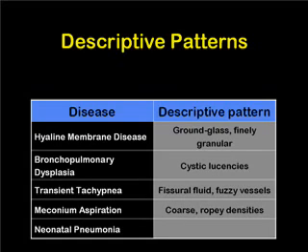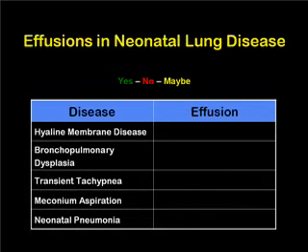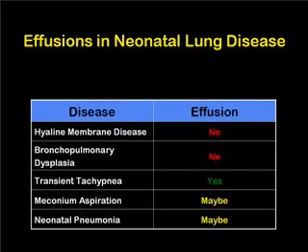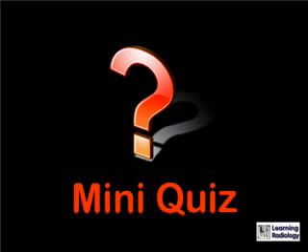Meconium aspiration has coarse, ropey densities, and neonatal pneumonia has perihilar, streaky densities. If we look at pleural effusions in these 5 diseases, hyaline membrane disease usually does not have a pleural effusion. Bronchopulmonary dysplasia does not. Transient tachypnea does. Meconium aspiration may, and neonatal pneumonia may.